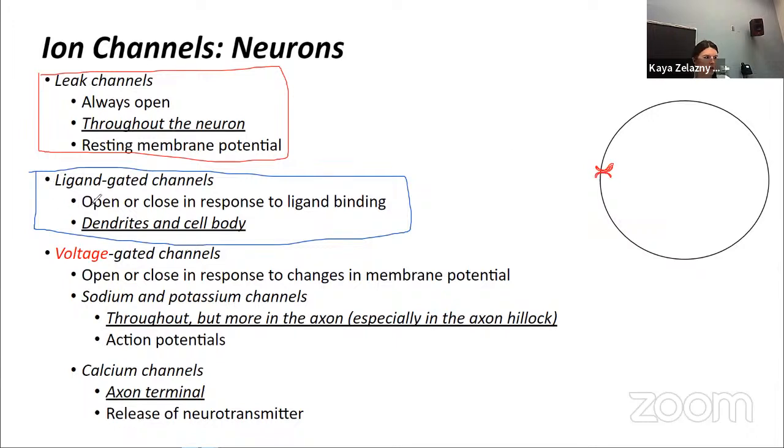A ligand is just something that binds onto something else. So when we think about neurons, we're often thinking about neurotransmitters. So we're going to say a ligand binds on, probably a neurotransmitter because we're talking about neurons. And when it binds on, what it does is it opens up that channel.